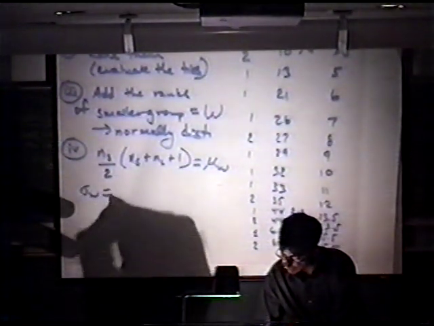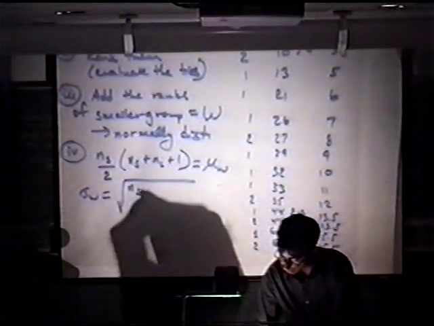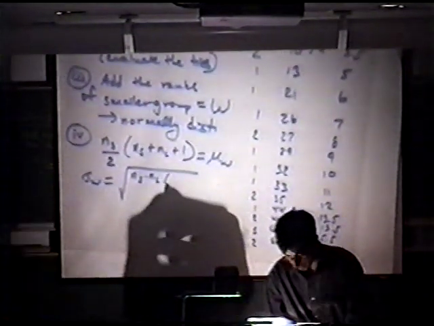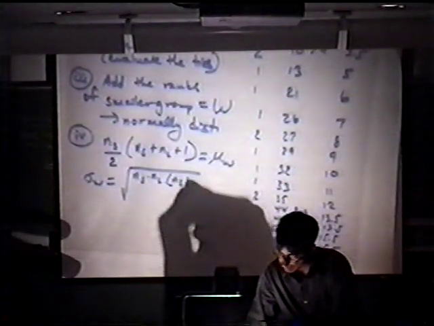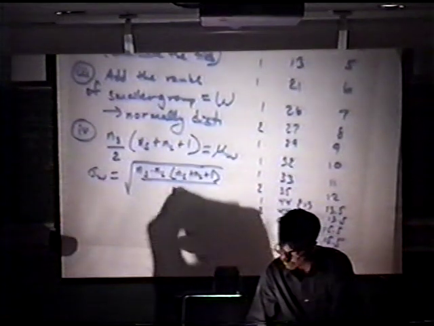The standard deviation of this number is the square root of n sub S times n sub L times n sub S plus n sub L plus 1, all over 12.